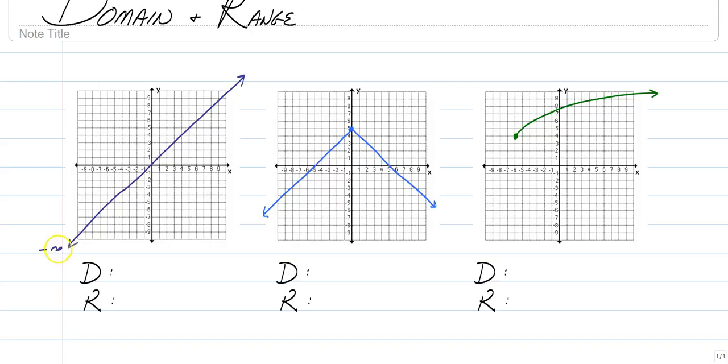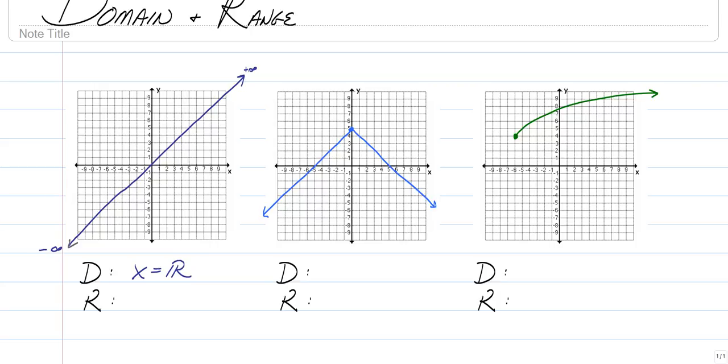So that would be going to negative infinity. And to the right, it's also going to positive infinity. Like, it's not going to stop anywhere. So when you go from negative infinity to positive infinity in terms of left and right, that means x is equal to all real numbers.